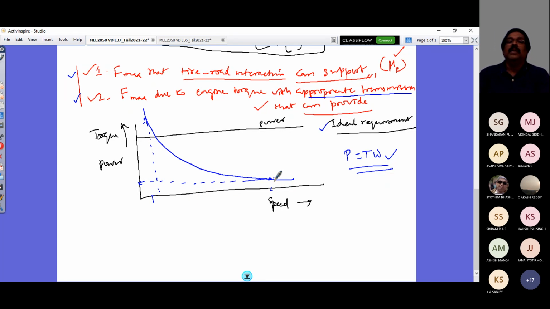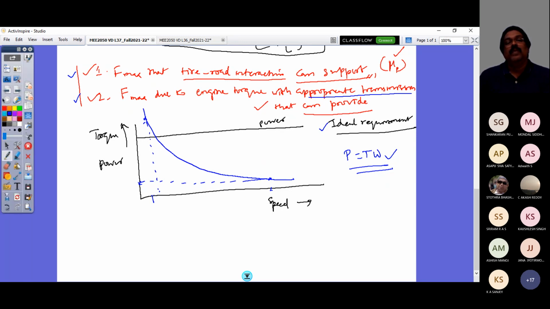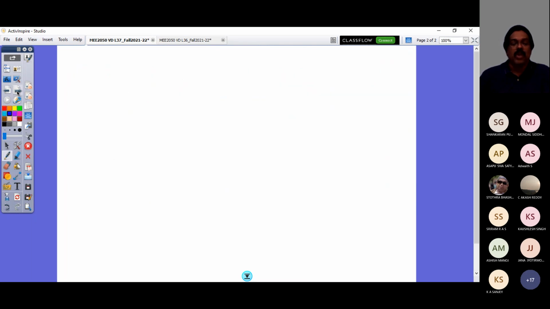On the other hand, you require more speed with a lesser torque requirement. So now, to understand the characteristic of the engine is important, right? Let me just draw the power characteristic of the engine, and we will look at it.